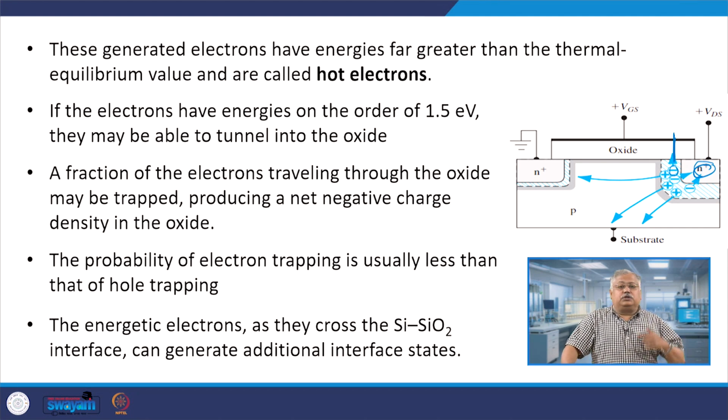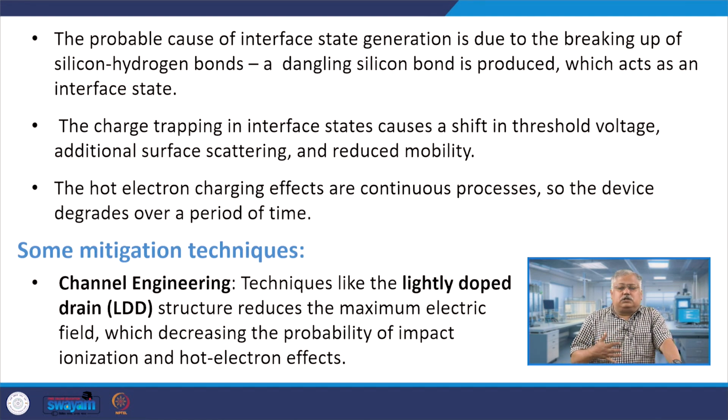Also, it will produce a large number of interface states at the silicon dioxide interface for these free electrons. Now, the probable cause of interface state generation is the breaking of the silicon hydride bonds. Why? Because when you oxidize the silicon, you will have silicon dioxide, but you will also have some silicon hydrogen bonds available, and when they break down, they will leave dangling silicon bonds, and they form the interface states.